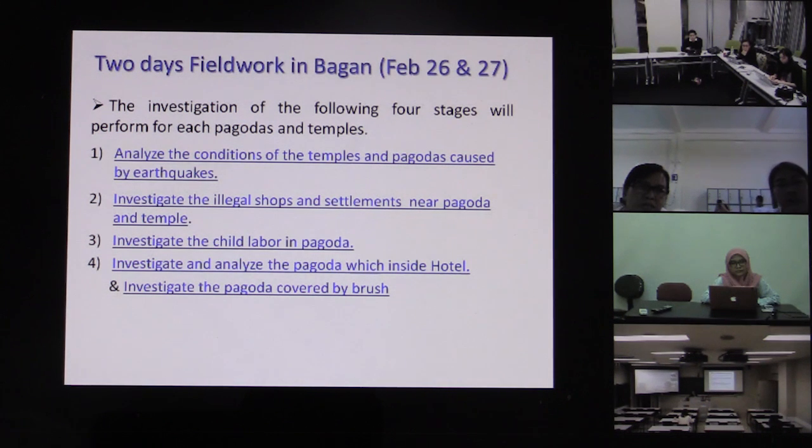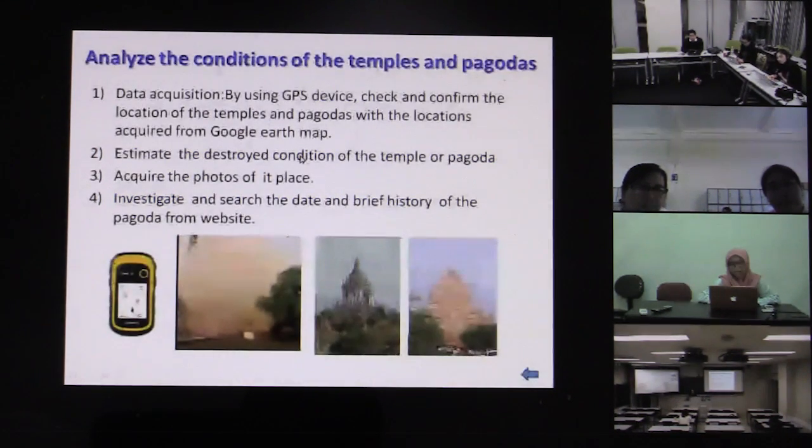We want to roughly explain the fieldwork on February 26 and 27. We do four stages of processing for each pagoda. The first one is to analyze the condition of the temple and pagoda affected by the earthquake. The initial stage is data acquisition.